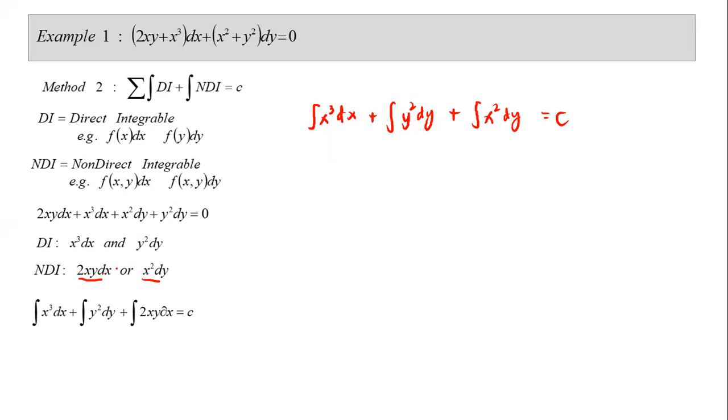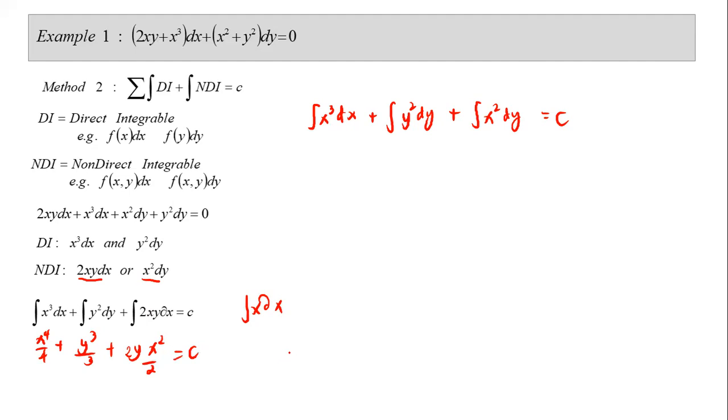All right, so you know that the integral of x cubed dx is x to the 4 over 4, plus the integral of y squared dy is y cubed over 3, plus since you are integrating 2xy with respect to x, you treat 2y as constant, so that's 2y, and then you integrate x dx, so that's x squared over 2, equals c.